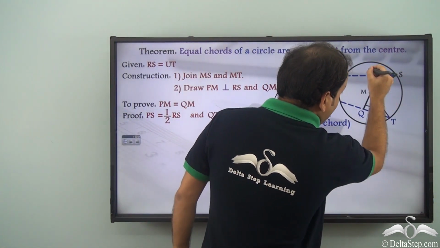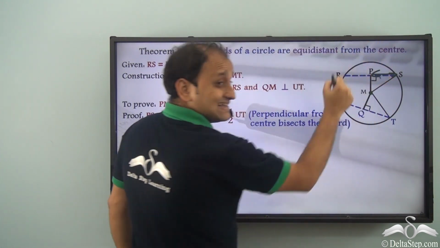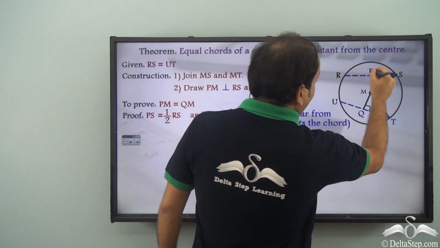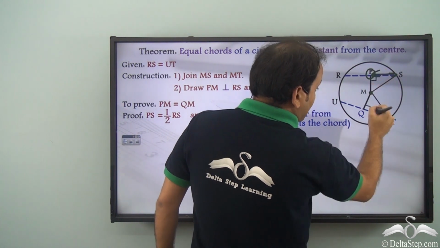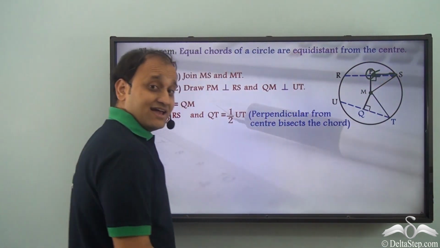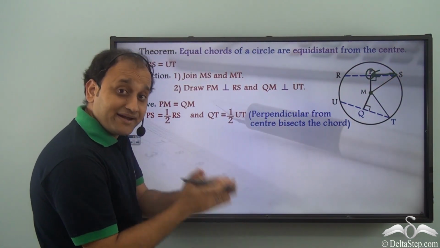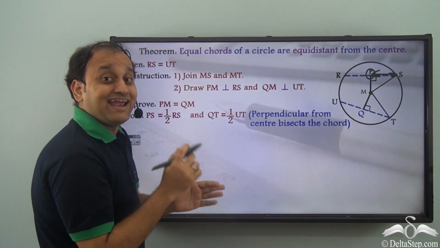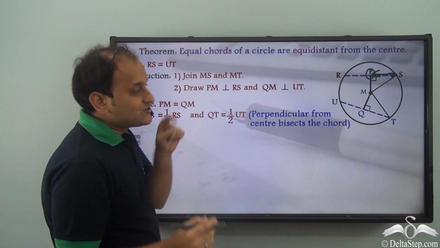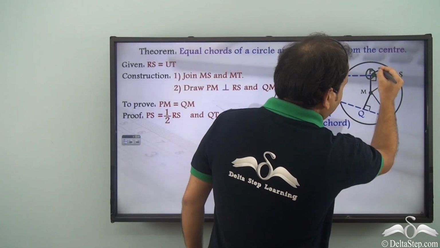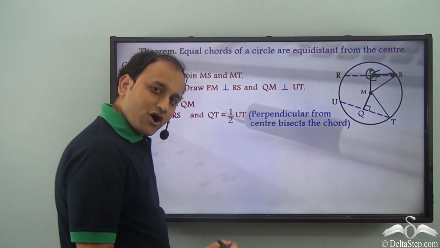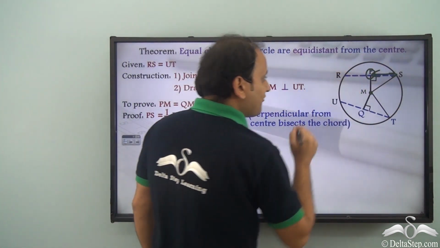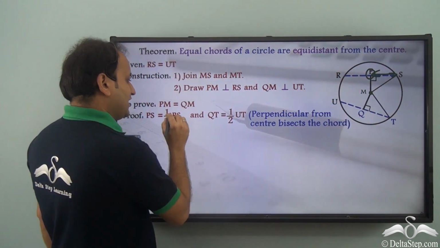Because we are dropping a perpendicular from the center. So on point P, we have a perpendicular from the center, and when a perpendicular is dropped from the center on a chord, then it bisects the chord. So here we have RP is equal to PS, or we can say that PS is half of RS.